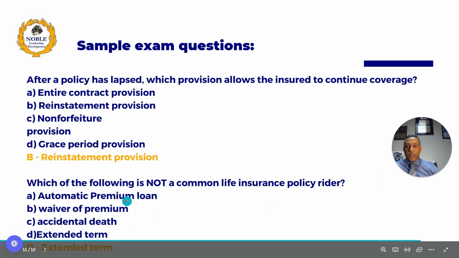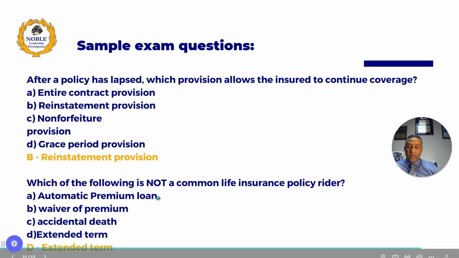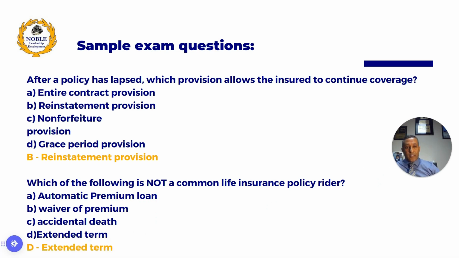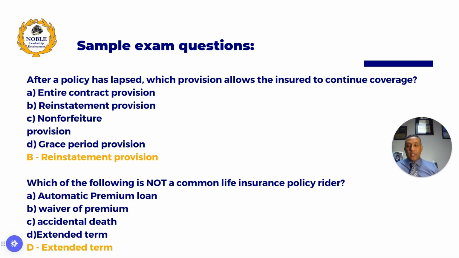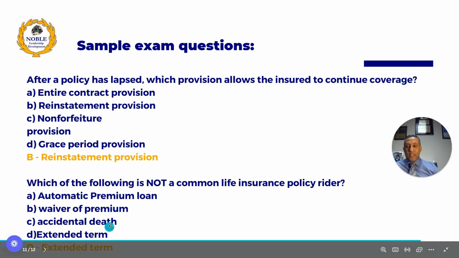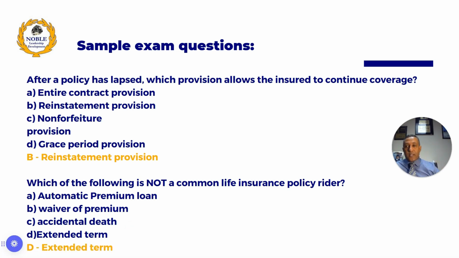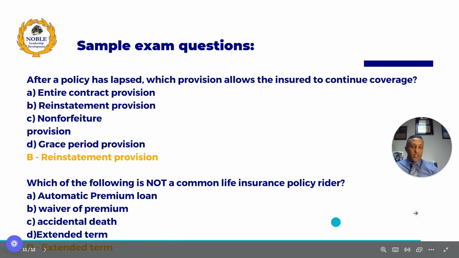An automatic premium loan rider you can add to the policy, so you can take an automatic loan from the cash value to pay the premium. With a waiver of premium, if totally disabled, you can have that rider, and the premium is waived. Accidental death benefit is also a rider you can add. If death happens due to an accident, you get more cash. And extended term is the answer.